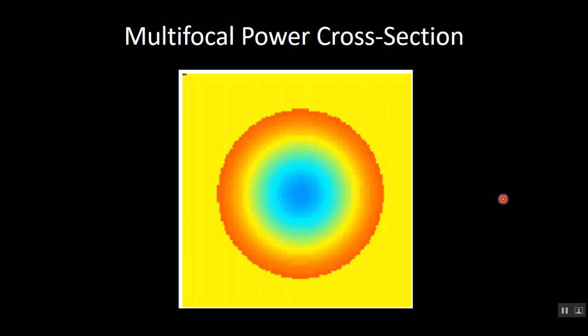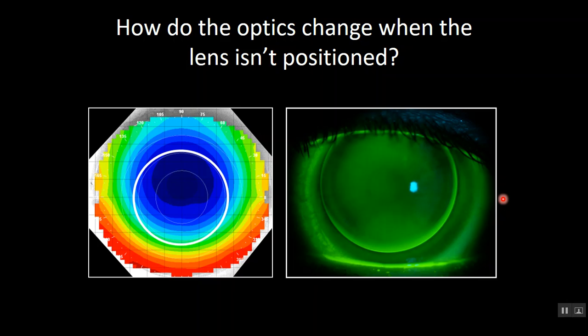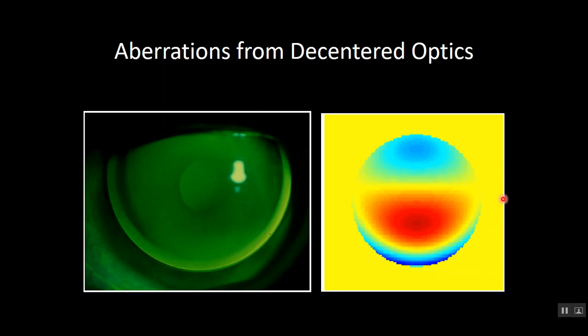When you look at the power cross-section of a lens on the appropriate axis, you get a certain aberration reading or wavefront error. But what happens when those lenses decenter? When we have lenses that are slightly superior central, what does that do to the power cross-section?